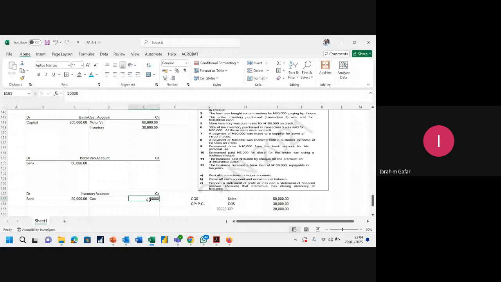Let's say it's phones you are selling, and you bought 5 phones for 30,000 naira. You've debited your inventory, you've credited your bank account, because of the money you've paid. That means you bought each of them for 6,000 naira, right?